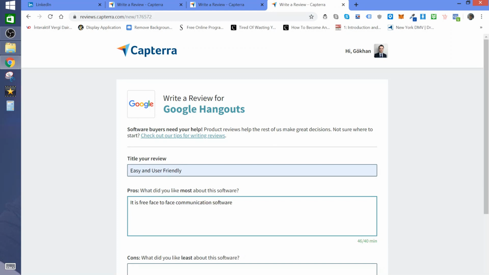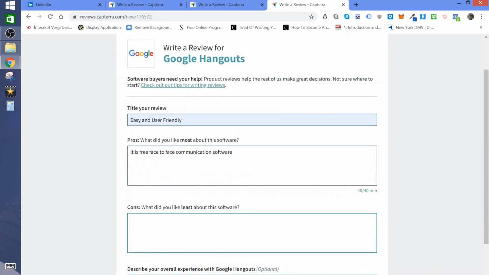Capterra asks, what did you like most about the software? And what did you like least about the software? You need to write at least 40 characters. When I think about the features Hangouts has, what I like least is maybe that the file transfer limit is restricted, but not a big deal.